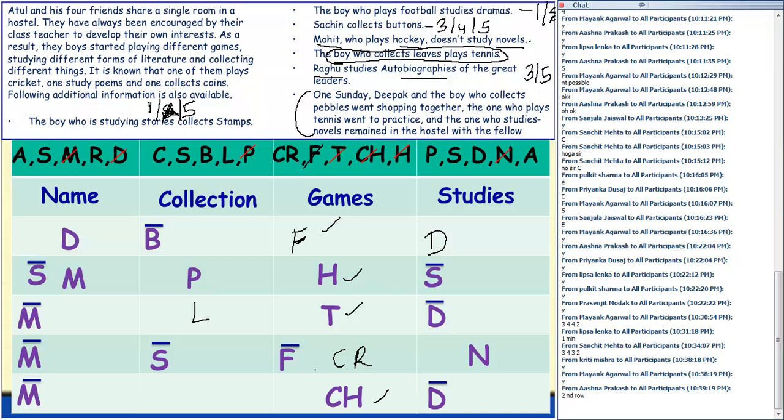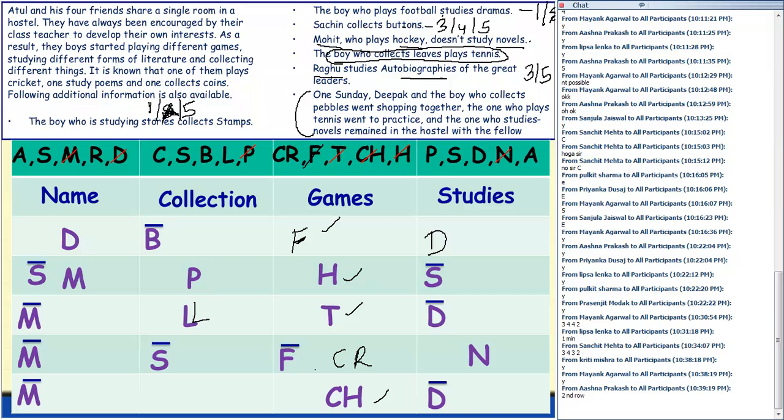नाउ अगेन स्टोरीज एंड स्टैम्प्स के लिए अभी भी दो चॉइसेस हैं. द बॉय हु प्लेज फुटबॉल, ये हो गया. सचिन कलेक्ट्स बटन्स. Sachin collects buttons. So what are the possibilities for Sachin and buttons? अभी we still have two choices here. Right. So ये L मैं पहले यहाँ मार्क कर देता हूँ, इसे हटा देता हूँ.